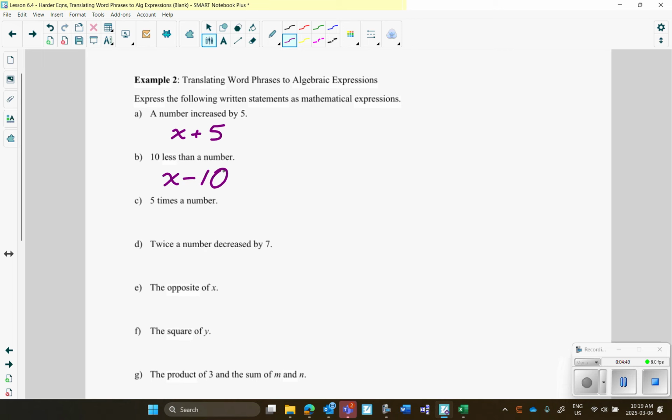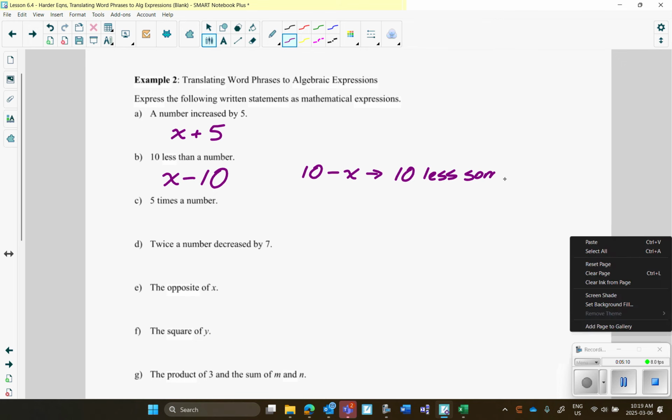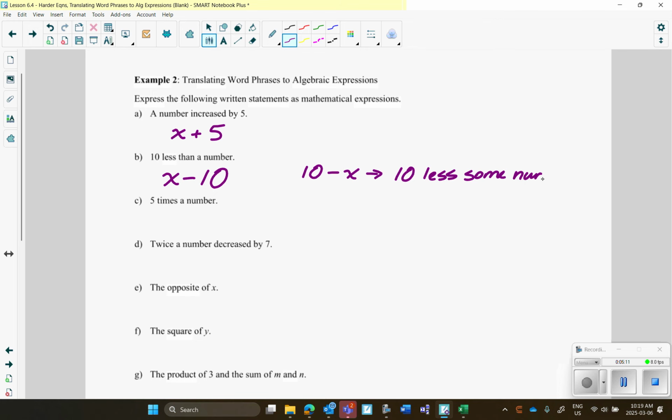There's a big difference between this and 10 minus x. 10 minus x would be 10 less some number. That's the difference, so you've got to be careful with that one.